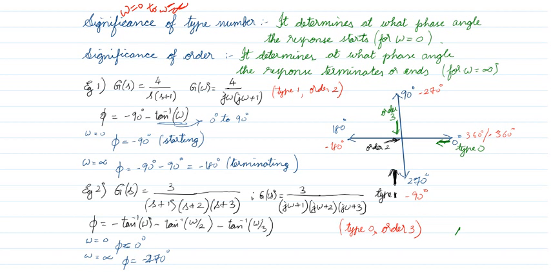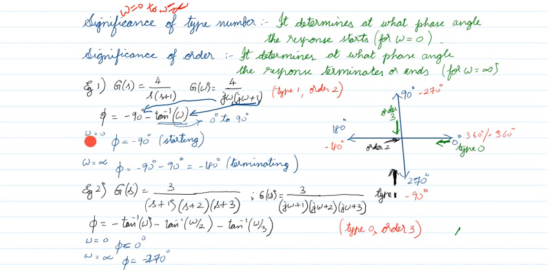What is the phase angle of j omega? Phase angle of j omega is minus 90 degree. What is the phase angle of j omega plus 1? Tan inverse of omega. We know the range of tan inverse of omega: it varies from 0 to 90 degree, right? Tan inverse of 0 is 0.